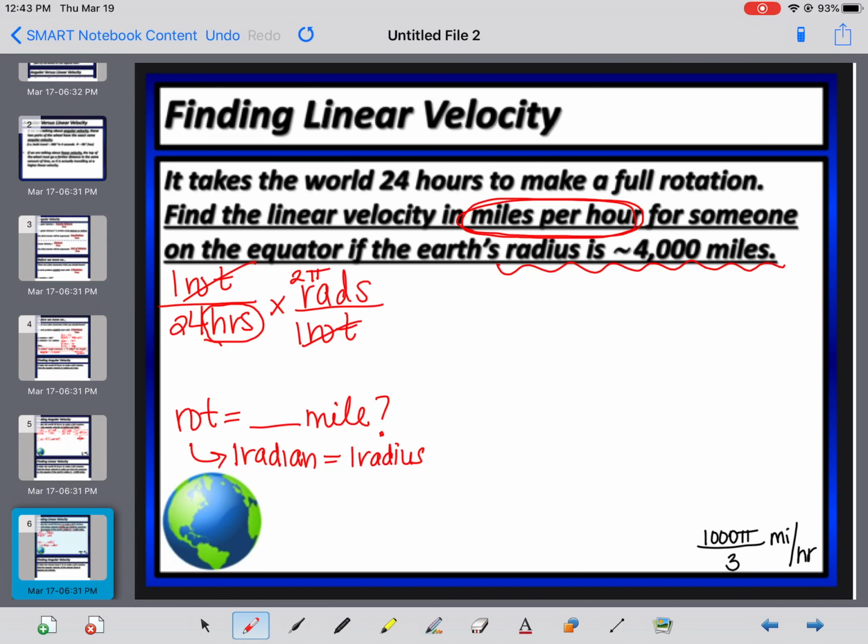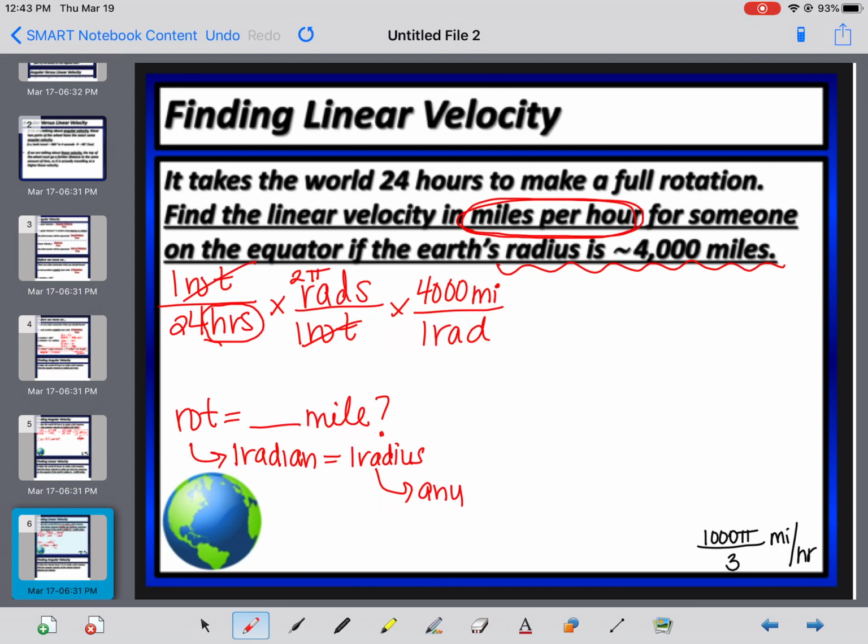Well, what's the radius of this object? The object is Earth. The radius is 4,000 miles. So 1 radian, placing that on the bottom so that units cross cancel, 1 radian is 4,000 miles. So those are equivalent, 1 radian to 1 radius.